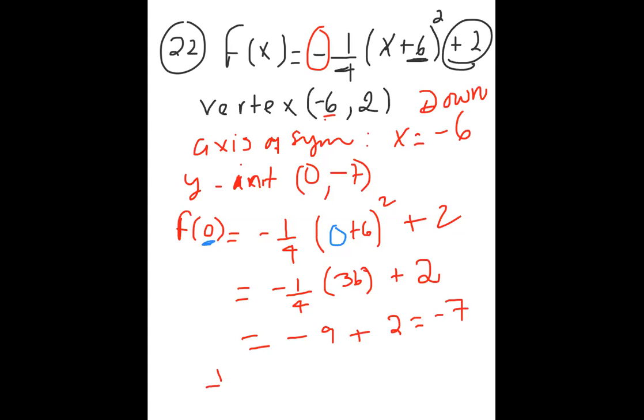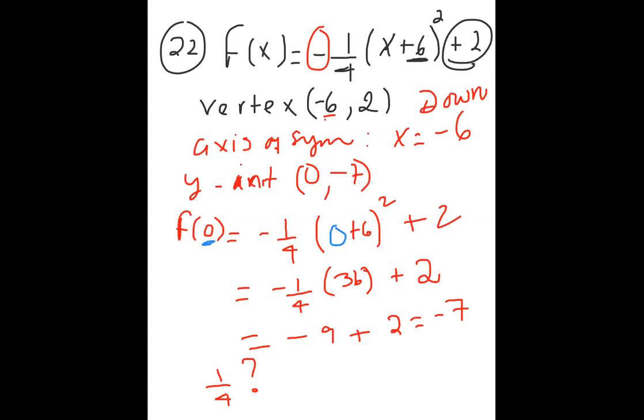Now, some of you may be looking at that 1/4 and asking, what does that 1/4 do to the graph? And you're right to ask that question. It does affect the graph. That value, that leading coefficient, determines whether the graph is stretched vertically or if it shrinks vertically.